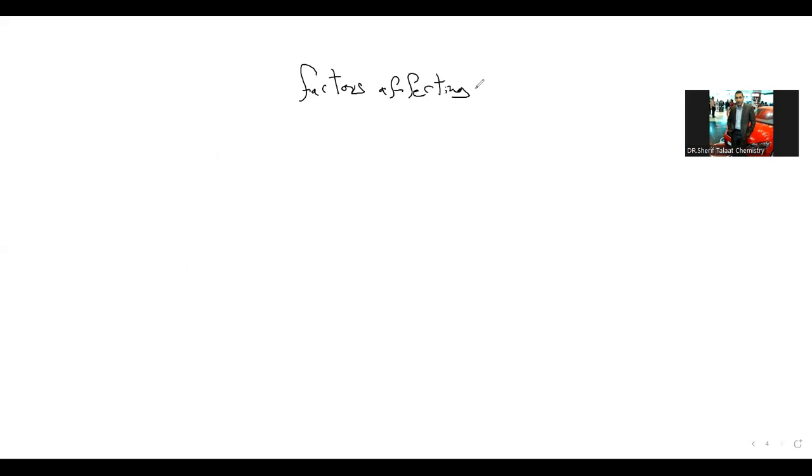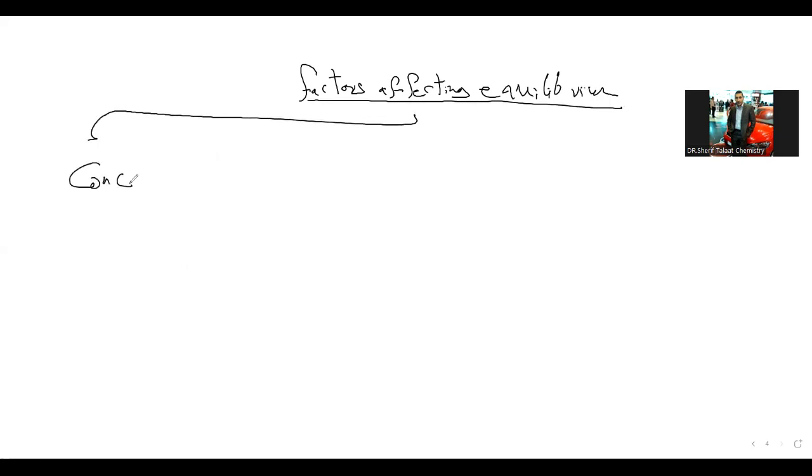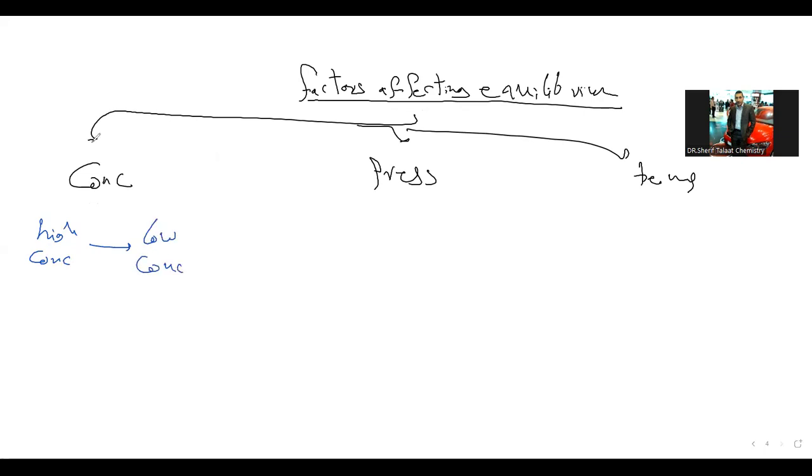For factors affecting equilibrium, we have three factors: concentration, pressure, and temperature. In case of concentration, by increasing the concentration, the reaction moves from high concentration to low concentration.